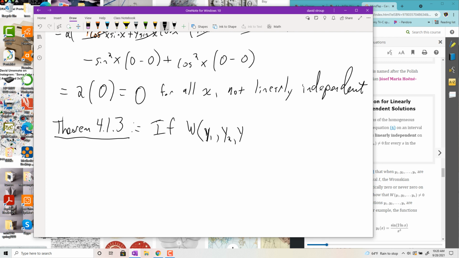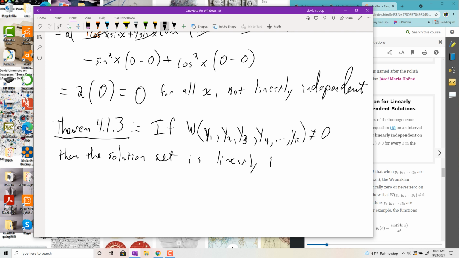And I'm not going to harass you with any like 4x4s or anything. Oops, y3, y4, etc. So if you put those into the Wronskian and they end up not equaling 0, then it's linearly independent. And the solution set is linearly independent.